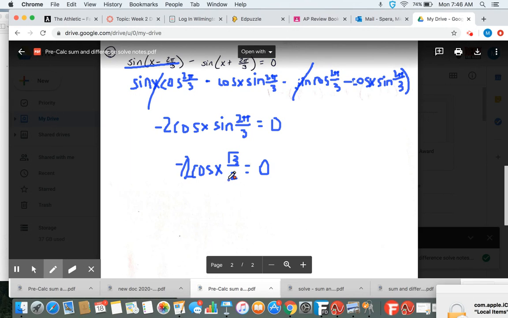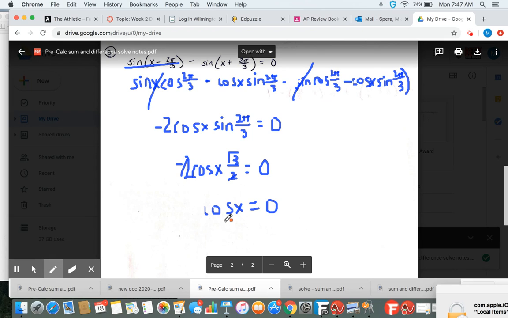This 2 and this 2 can cancel, and it becomes negative root 3 cosine x equals 0. As you would solve for x, you're going to divide by negative root 3, but 0 divided by anything is just going to be 0. So again, I'm just going to erase a little here, save myself some time, as I divide by this to solve, right? 0 divided by anything, just 0.